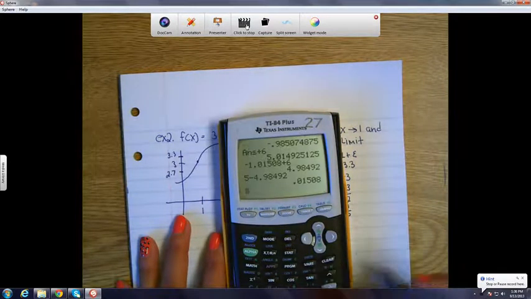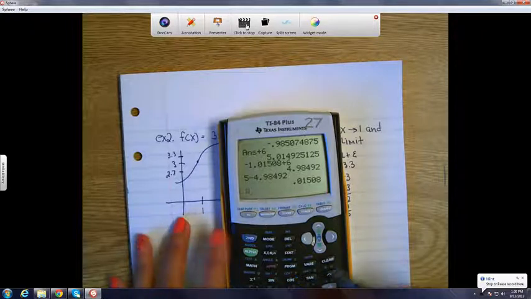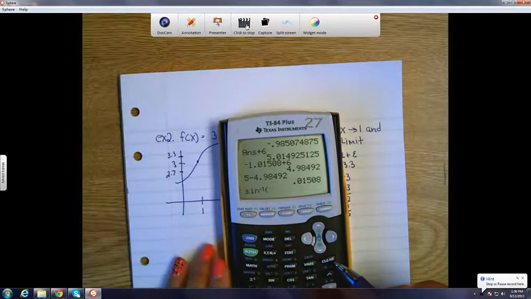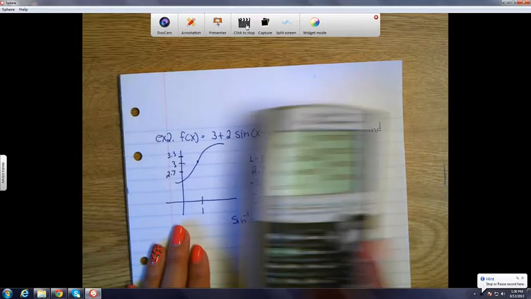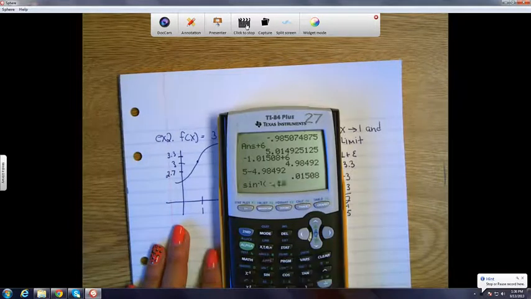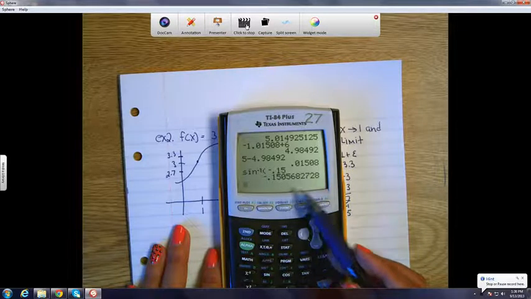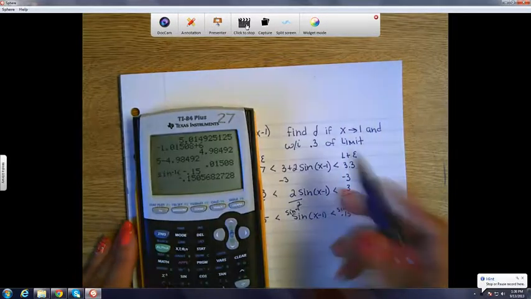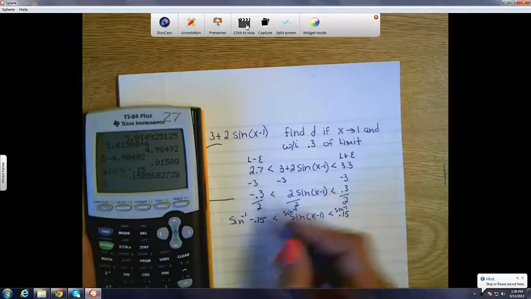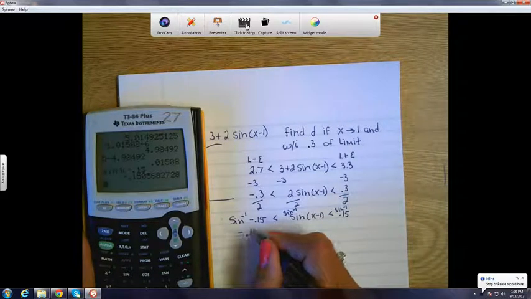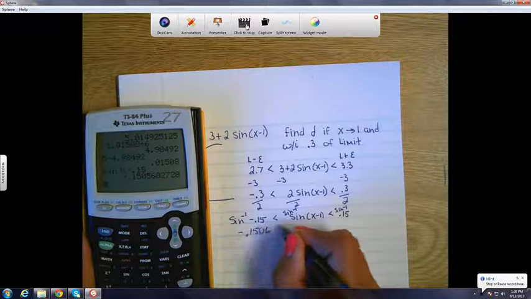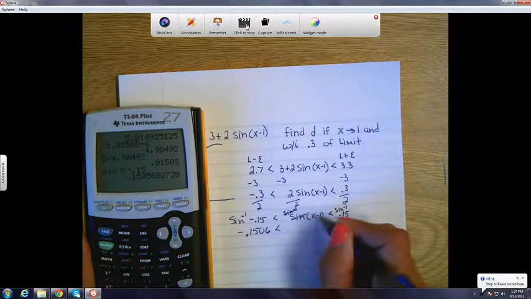Remember, your inverses are right above your regular sine, cosine, and tangent buttons. So inverse sine, what's that number? Negative 0.15. So negative 0.1506 should be good. Negative 0.1506. Here the sine will be gone and you'll be just left with x minus 1.